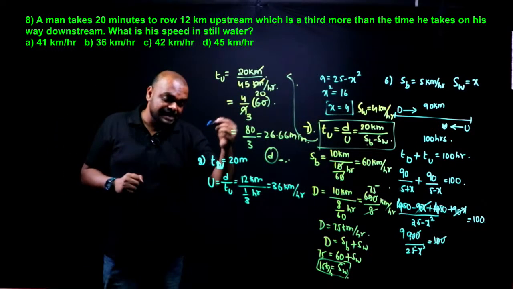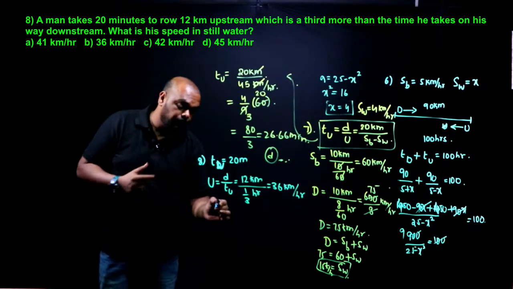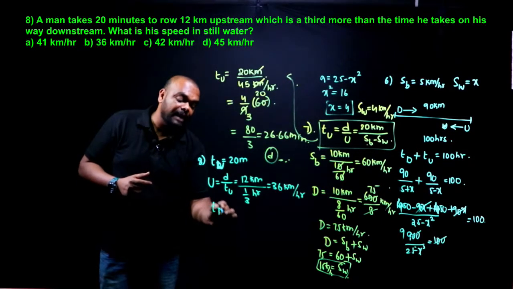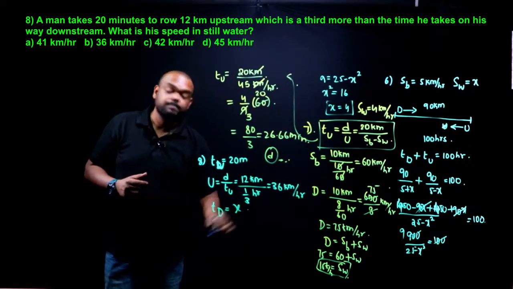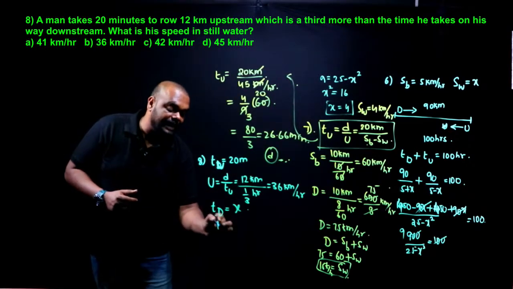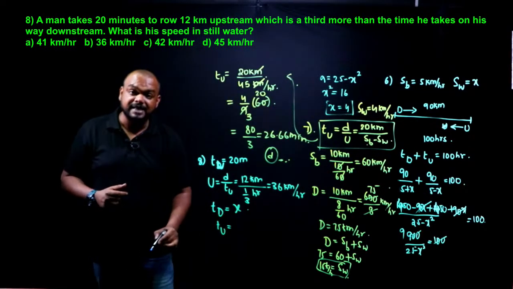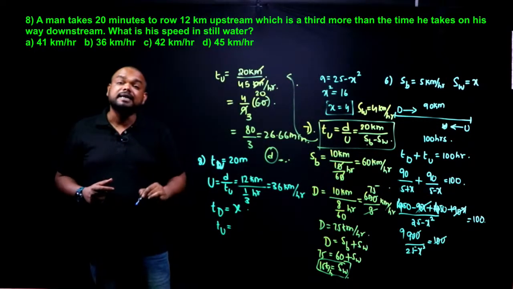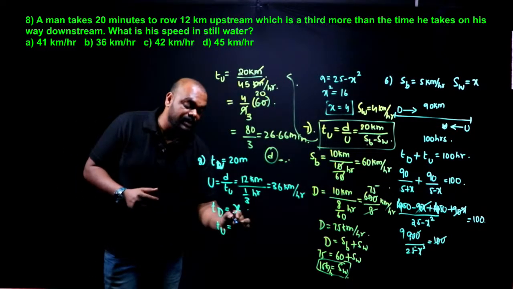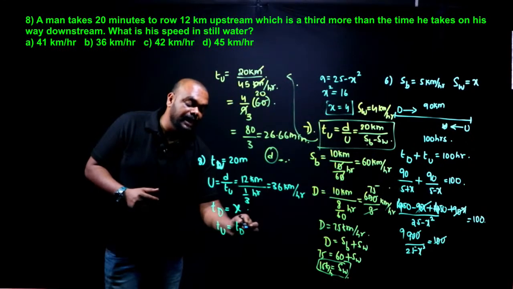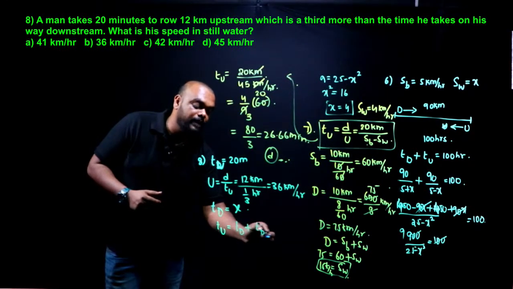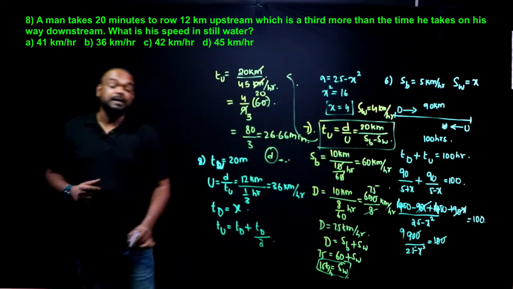Suppose I consider time taken during downstream as X. Then he is telling that time taken during upstream is 1/3 more than time taken during downstream. That is TD plus 1/3 more, meaning TD by 3.